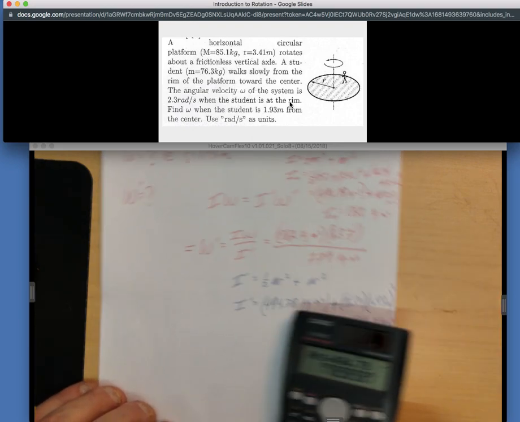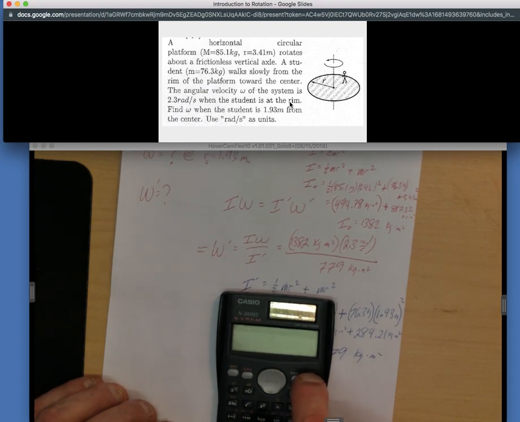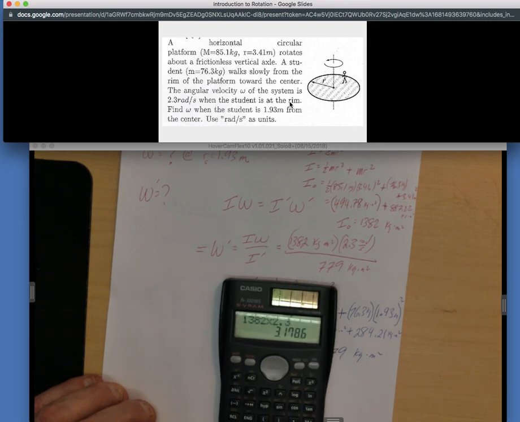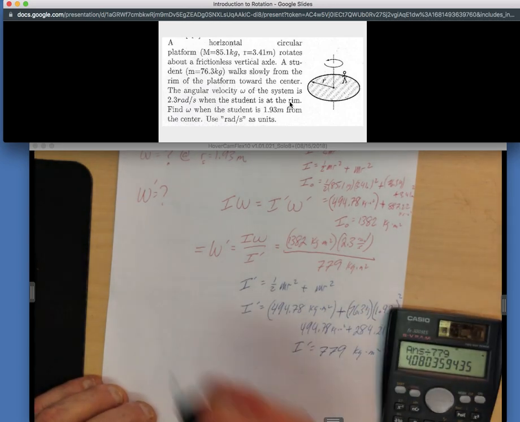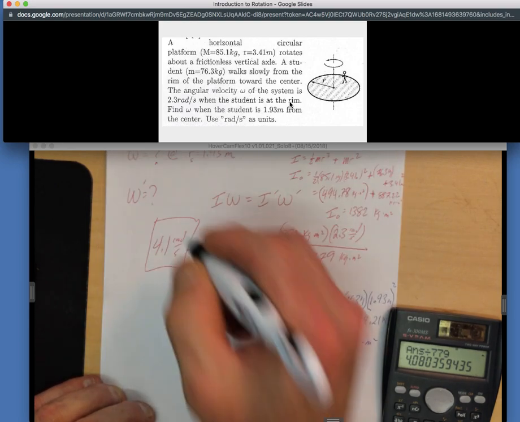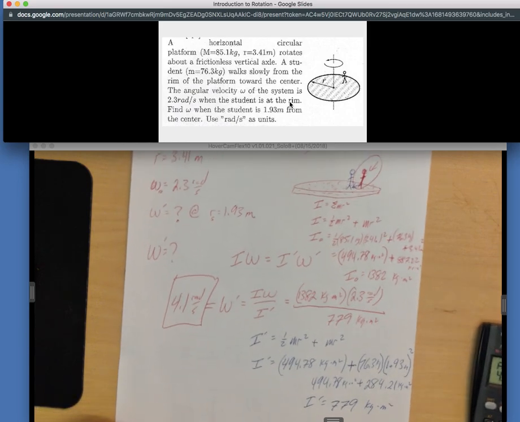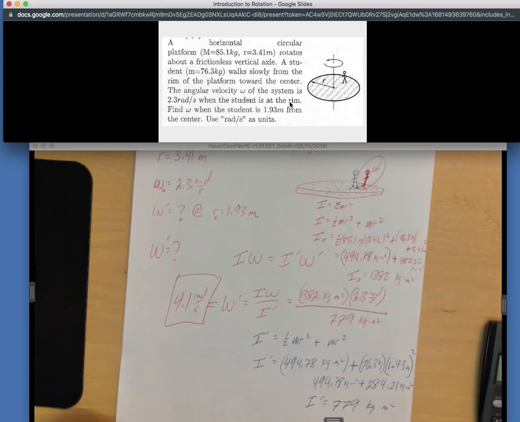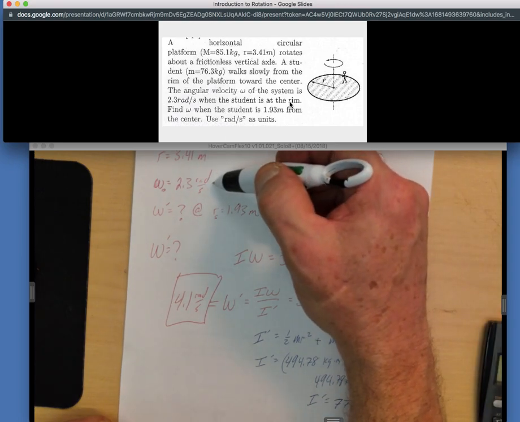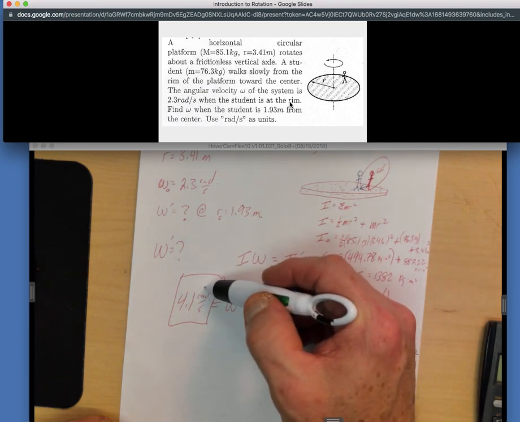They were going 2.3, and they better end up going faster, or we did something wrong. 1382 times 2.3, divided by 779, equals 4.08, about 4.1 radians per second. That's how fast they end up going. Did they speed up? Yeah, they did, right? Because they were going 2.3 before, and they sped up to 4.1 when they went into the center.